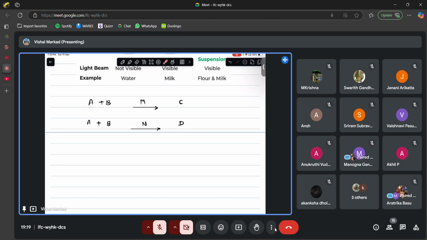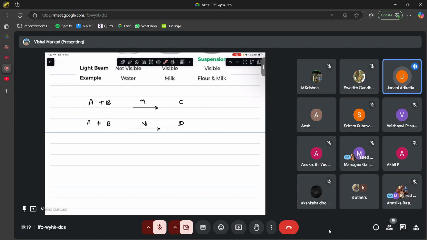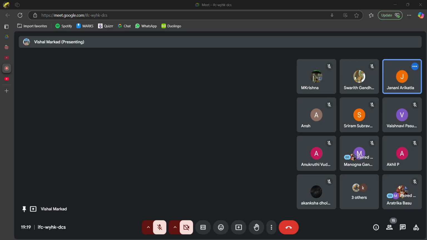Any doubt from this part? Sir, can you give an example for absorption? An example like fabric dyeing.